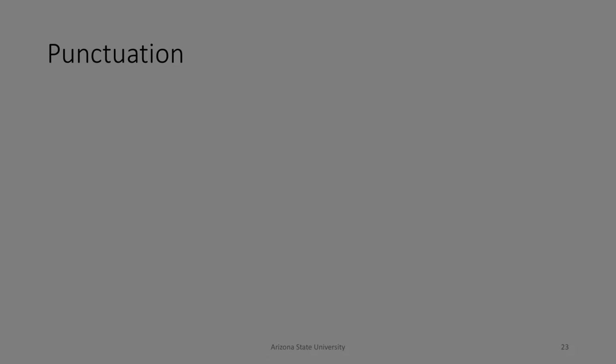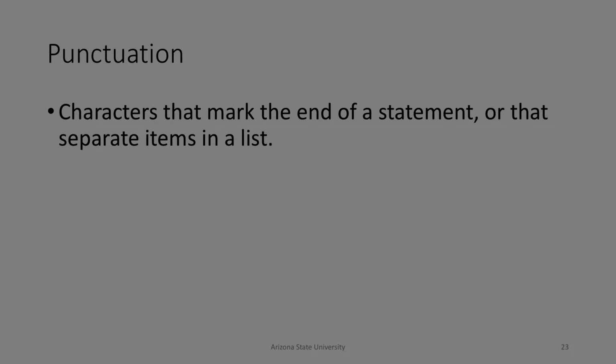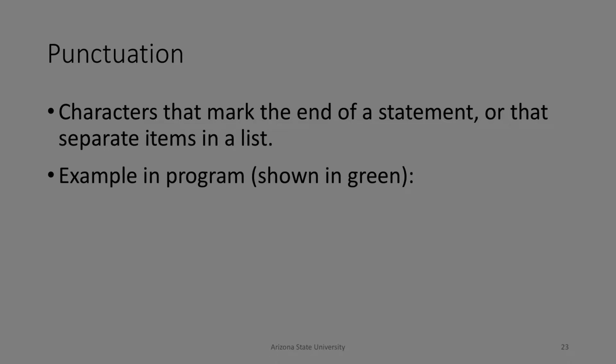And of course, there's punctuation to differentiate when one statement ends and another one begins, for example, or when one variable identifier name ends and another one begins. But of course, there are other punctuation things too.